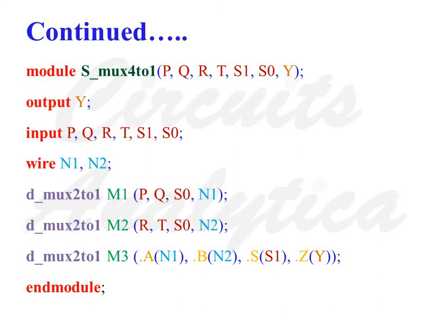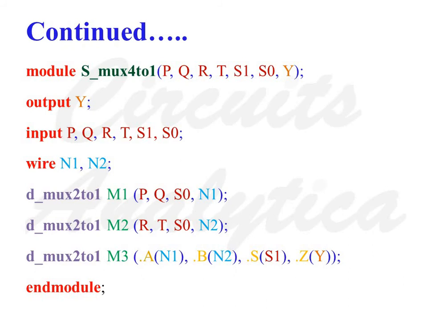The next line, D underscore mux221 space M2 open bracket R comma T comma S0 comma N2 close bracket semicolon, specifies that the second 2:1 multiplexer is labeled as M2. The module name of the component which we have used here is D underscore mux221.